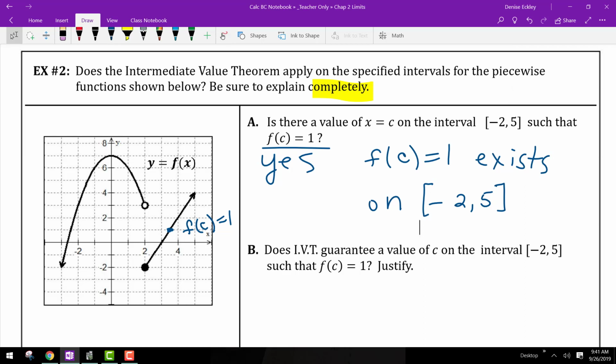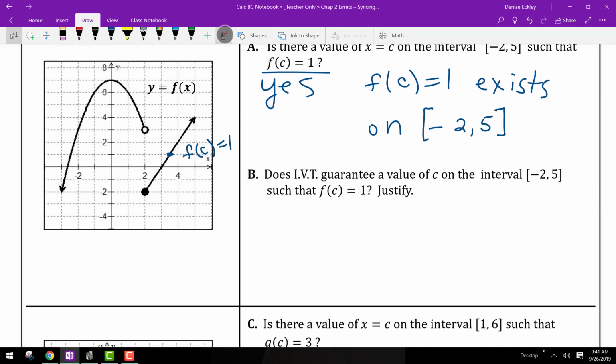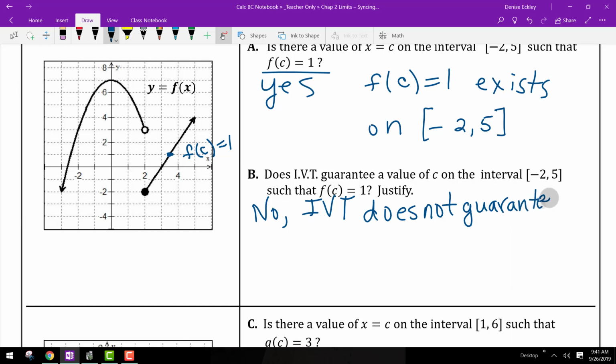So the answer to that is going to be no, even though it is there, because the IVT does not guarantee a value of x equals c on the interval. This is how precise you have to be.